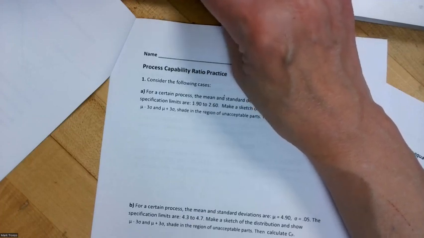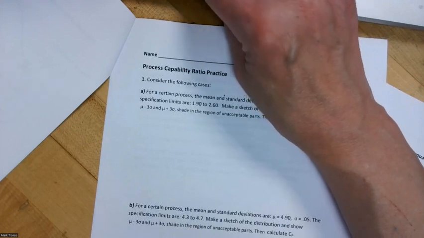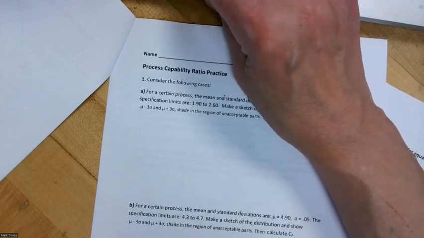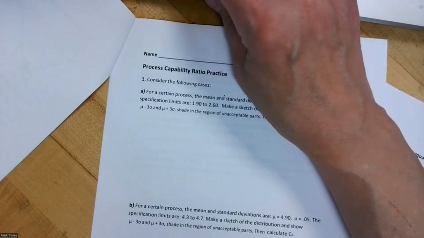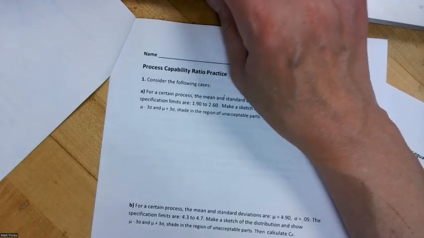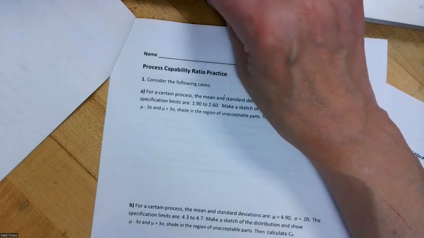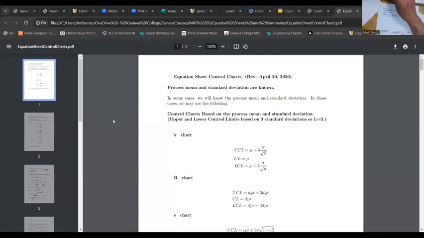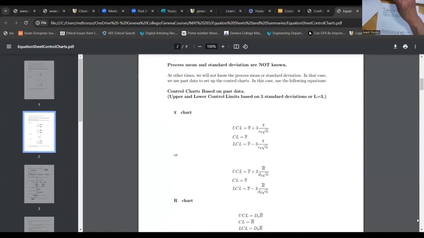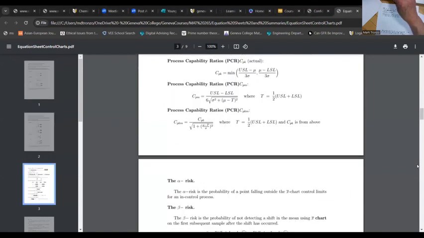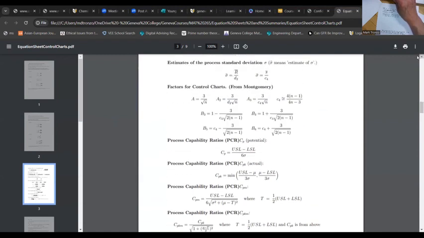If you have the one that's called equation sheet control charts, the equations we're looking at are on about the third page of that equation sheet.